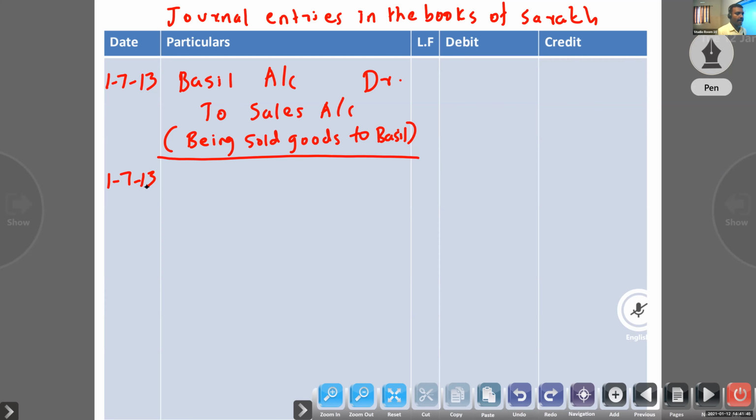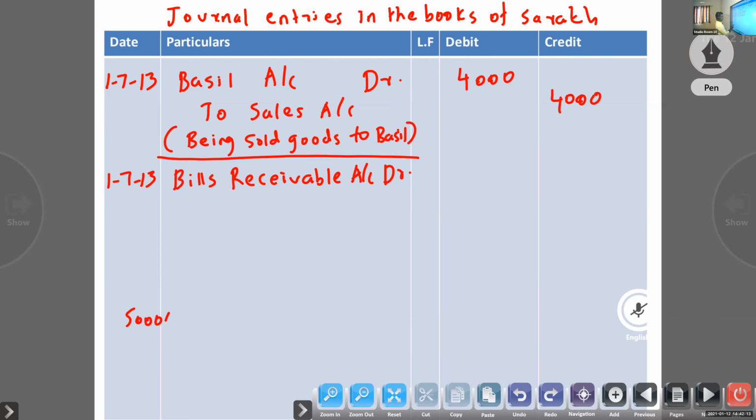Drew a bill. Second journal entry: Bills receivable account debit to Basil. Yes, bills receivable account debit to Basil. You can write amount 4,000. How 4,000? 5,000 is the amount of the bill. So 20% TD, so 5,000, 20%, 1,000.